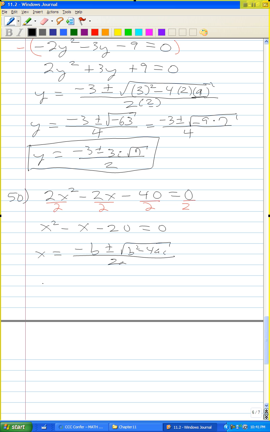And so x is equal to negative b, the opposite of negative 1 is positive 1, plus or minus the square root of b, negative 1 squared, plus 4a, negative 20. All over 2 times a, which is 1.